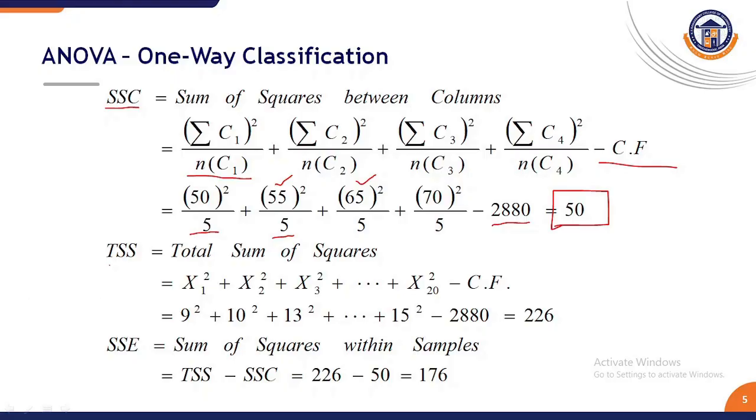Next to find out the TSS. TSS means total sum of squares. So in this case, square all the elements and total it. x1 square plus x2 square plus x3 square, and so on, there are 20 elements. Then subtract this sum by the correction factor CF.